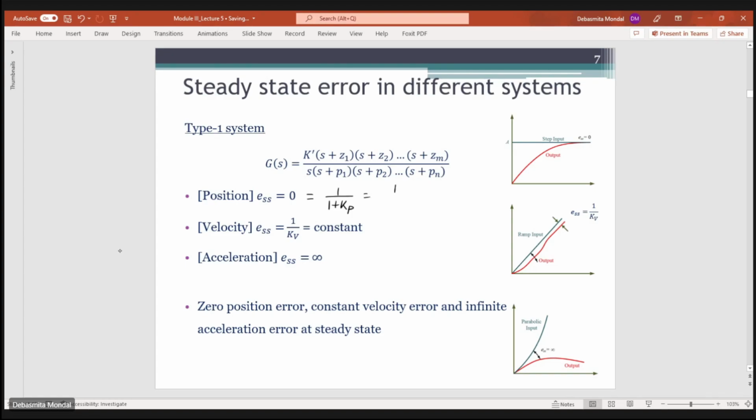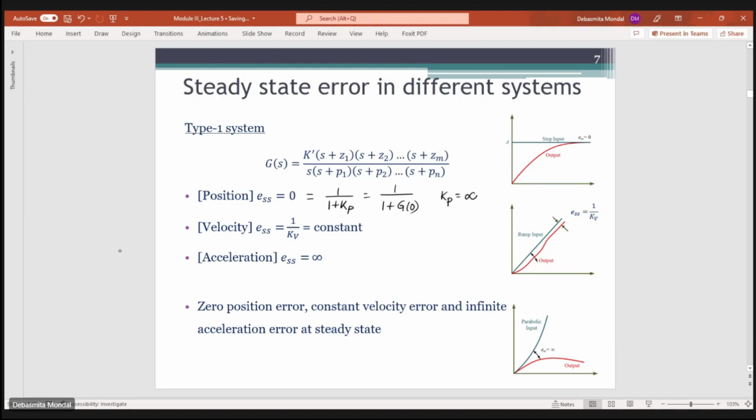Kp is nothing but G(0). G(0) is equal to infinite, so Kp is equal to infinite. If Kp is infinite, then your steady state error becomes equal to 0.